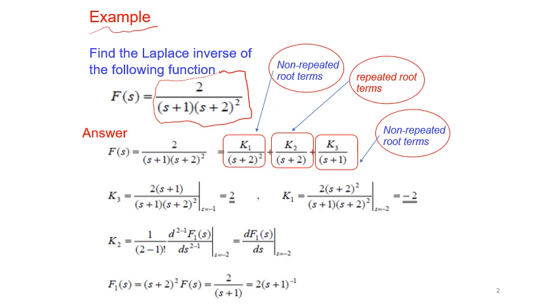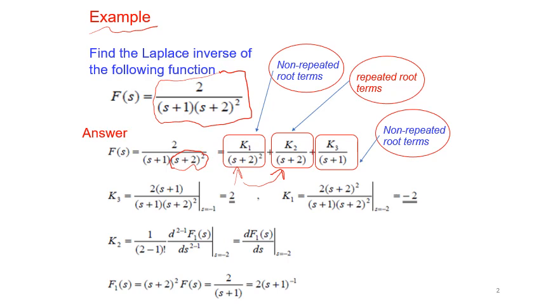The function 2 over (s + 1)(s + 2) squared has a repeated factor, which is (s + 2) squared.